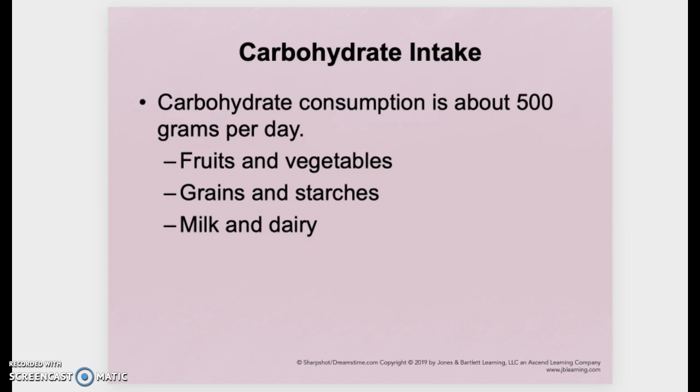This is especially important when we get to our diabetic educations, when we have to teach people that lactose is in milk and it is a carbohydrate and it can affect your blood sugar. So just something to think about. But your book talks about the normal carbohydrate consumption, 500 grams per day. Ask yourself, does that seem like a lot to you?